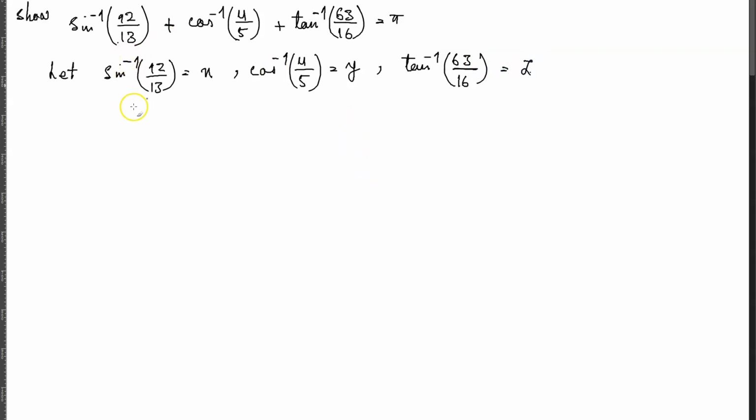So that implies that sine of x is equal to 12/13 and cos of y is equal to 4/5 and tan of z is equal to 63/16.